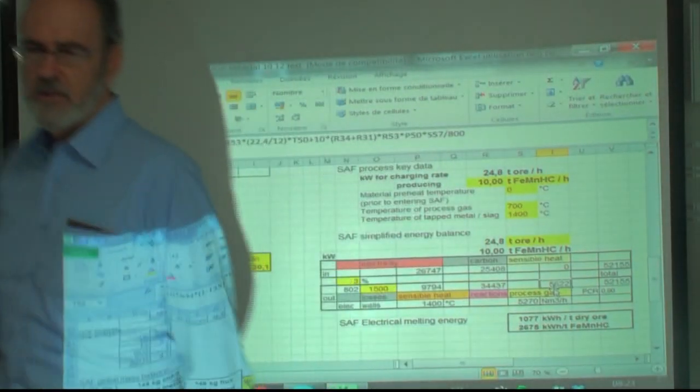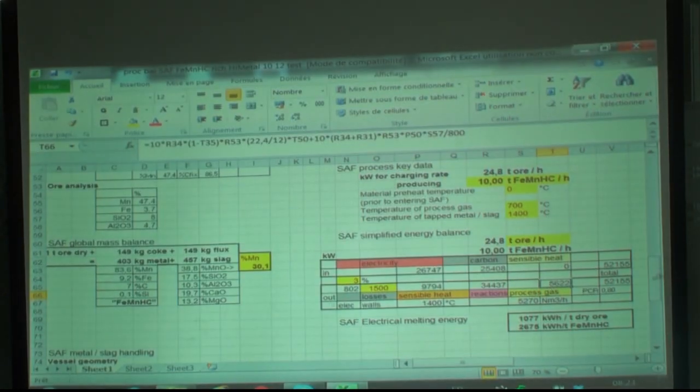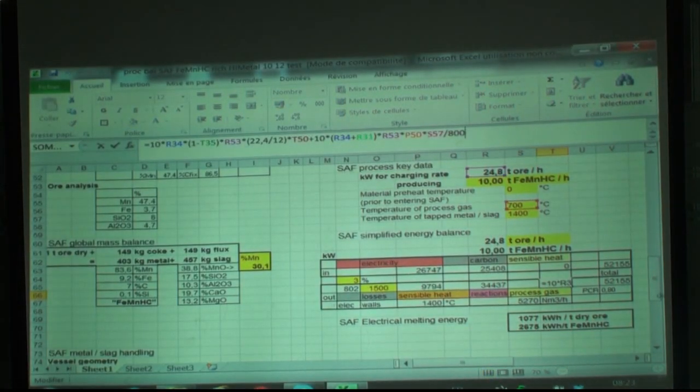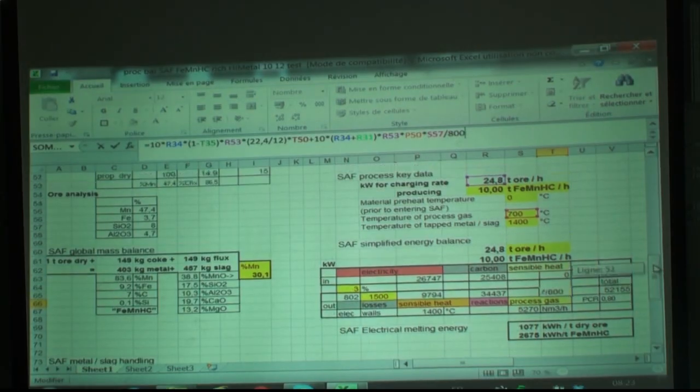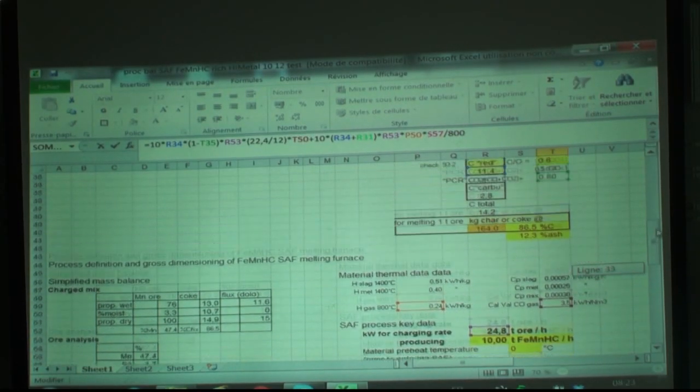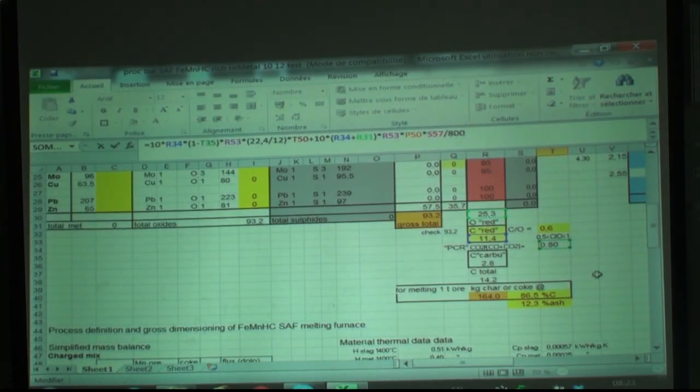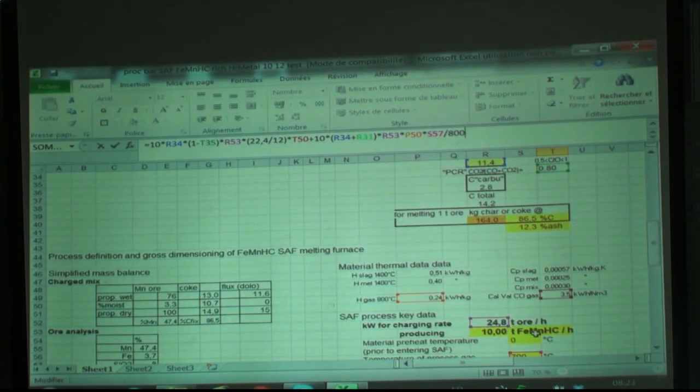So, for this, it's a bit different because you see for the gas sensible heat, the thermal data is given per kilo.